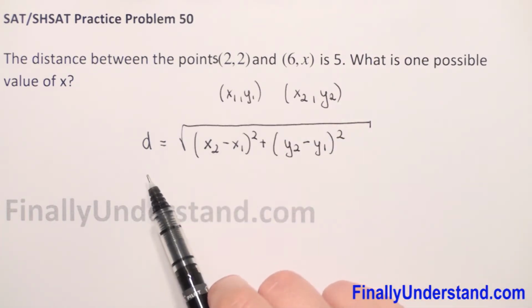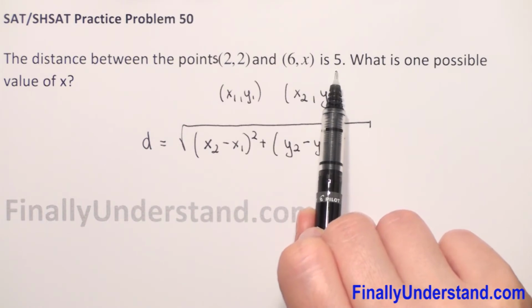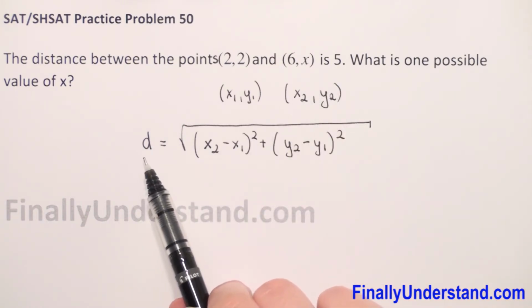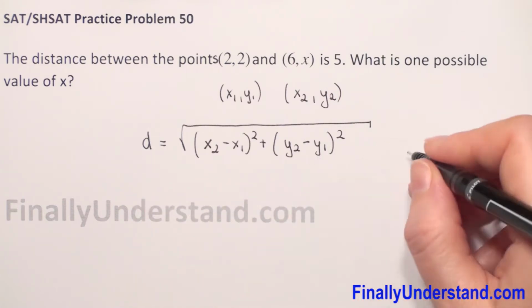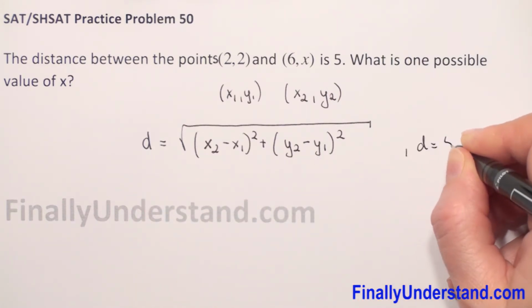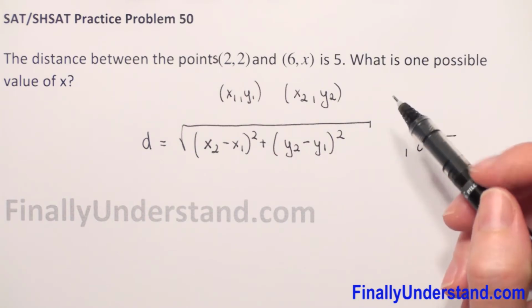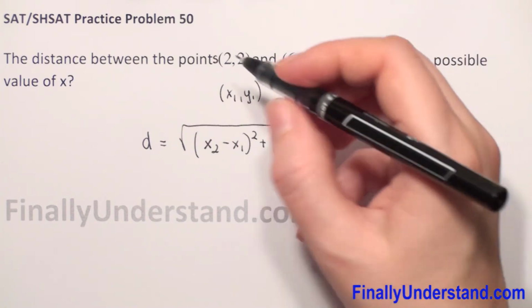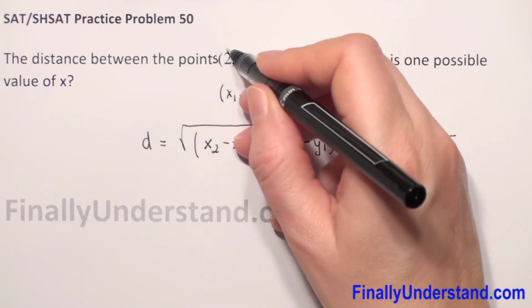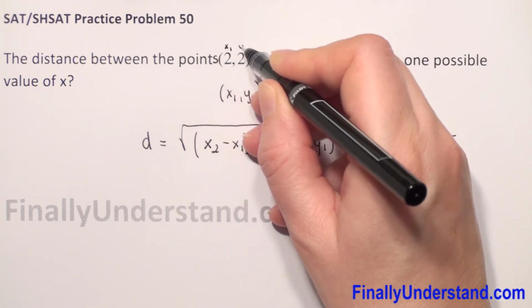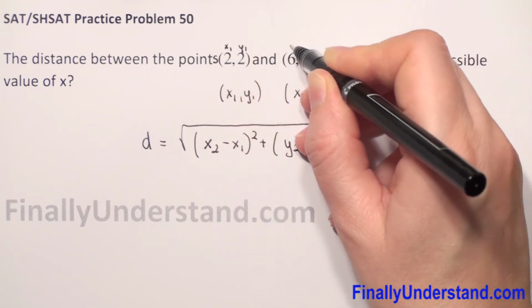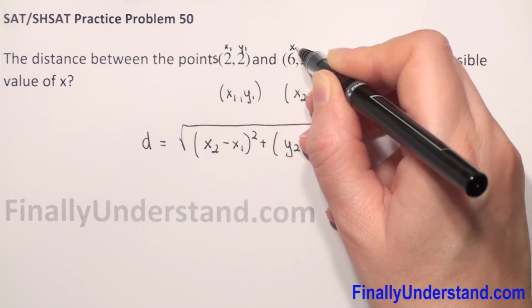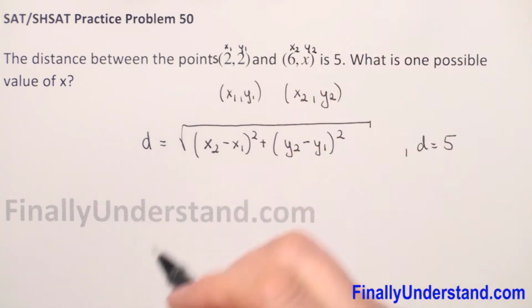We are given that the distance is 5, so we can substitute d by 5. Right, d is equal to 5. In our example, this is our first point, so this is x1, y1, and this is x2, y2.